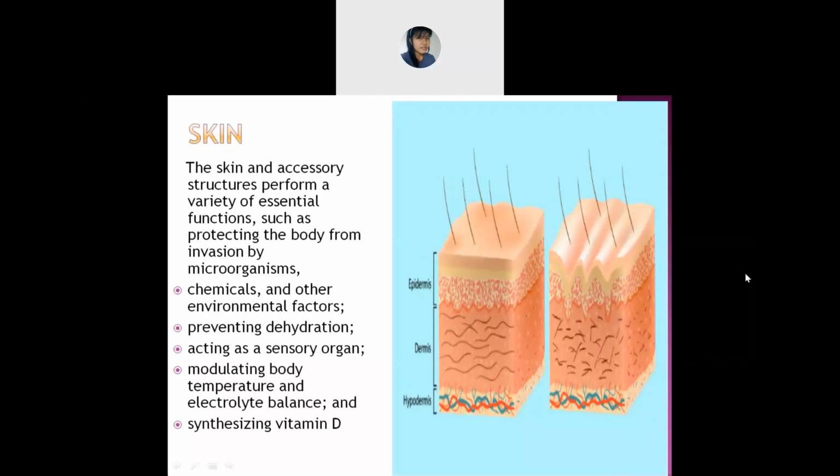As I've already said, it also helps in maintaining our body temperature and balancing electrolytes, which prevents dehydration. And next is synthesizing vitamin D, which is good for the skin. Is it clear?